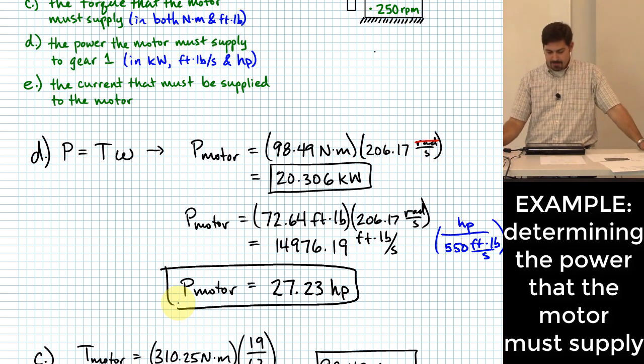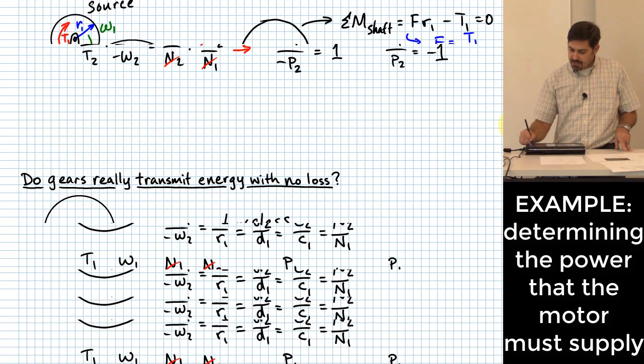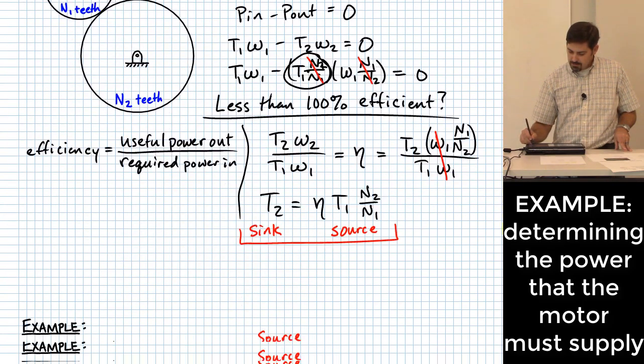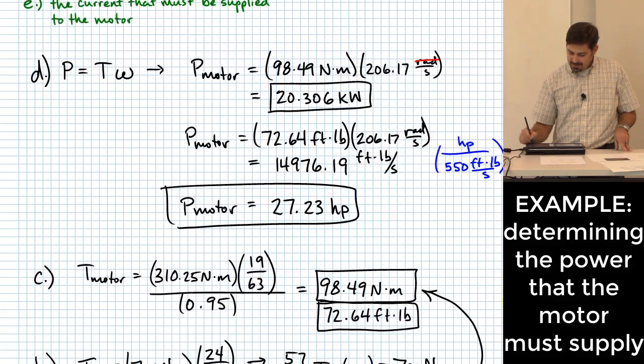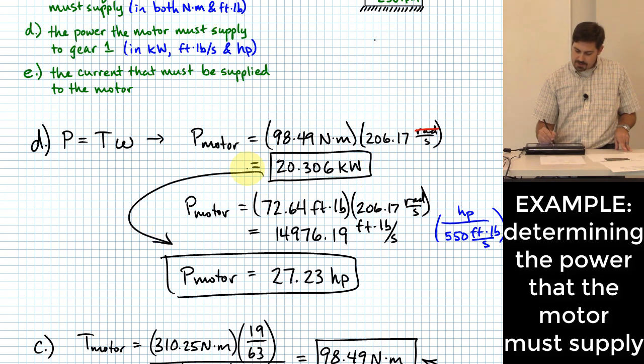And if we want, we can actually sort of check this, right? 27.23. What if I take that and look at our other conversion we looked at a second ago, going from watts to horsepower, 745.7 watts per horsepower. How do I check to make sure that these two answers are at least close to consistent?